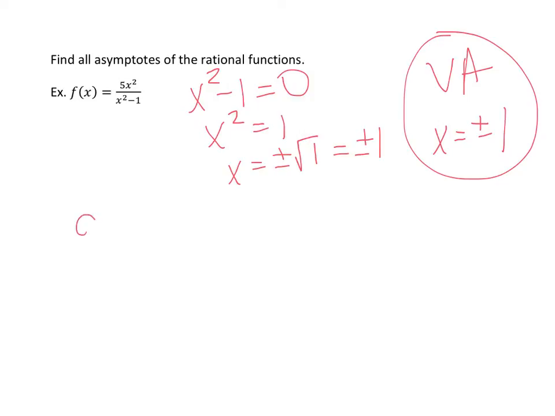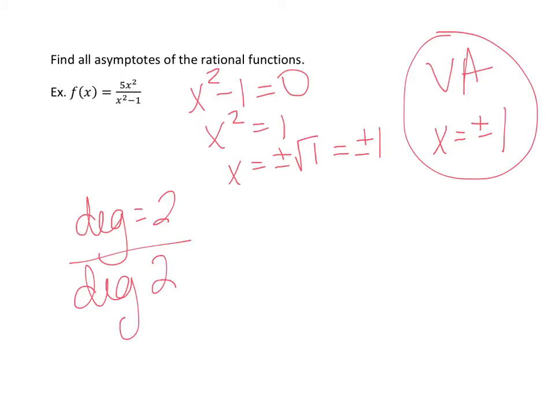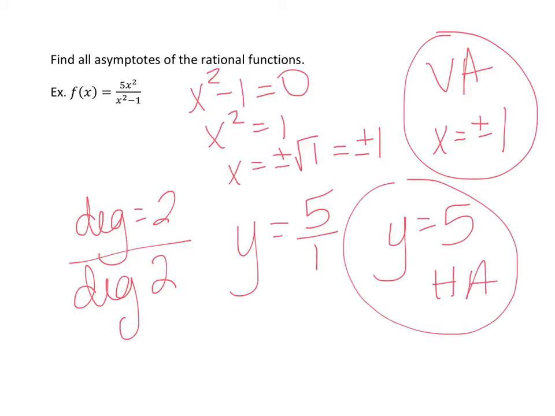I've got a degree on top of 2, degree on bottom of 2. Since they're the same, I look at my leading coefficients, 5 over 1, so y equals 5 is my horizontal asymptote. That means on my graph, at x equals plus or minus 1, I've got vertical dotted lines to go in there, and at y equals 5, I'm going to have a horizontal.